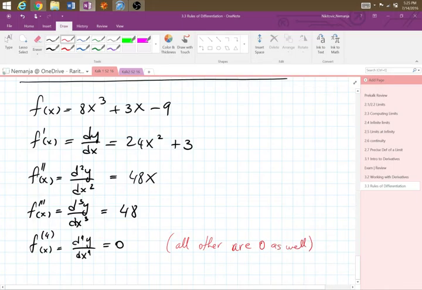So if you go to the 30th derivative, it's just going to be 0. Now remember what I said, e to the x, ln x, trig functions, they're not going to experience this behavior, that maybe you take 7 derivatives and then it goes away. They never go away. Yes?